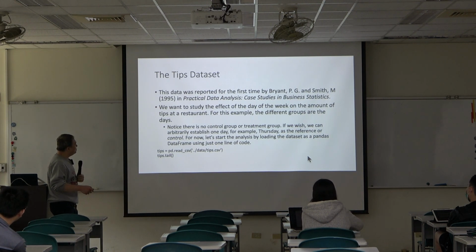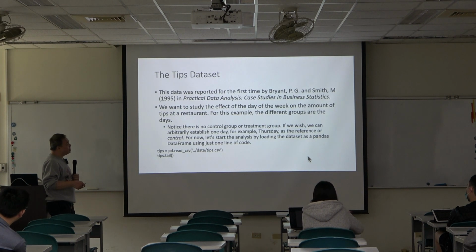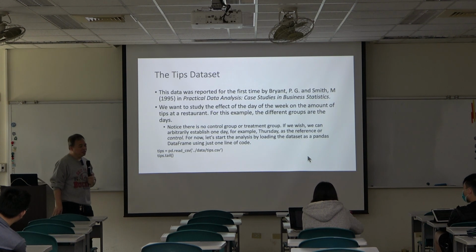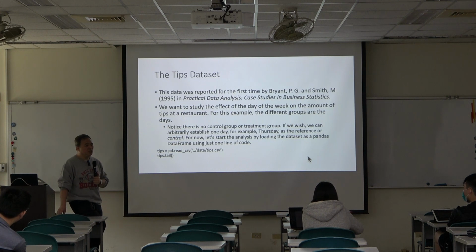But anyway, in the U.S., when I was there a long time ago, the tipping percentage for lunch was normally 10%, if the service is reasonable, or close to 10%.